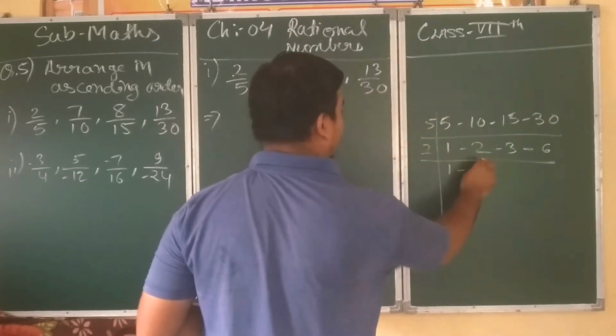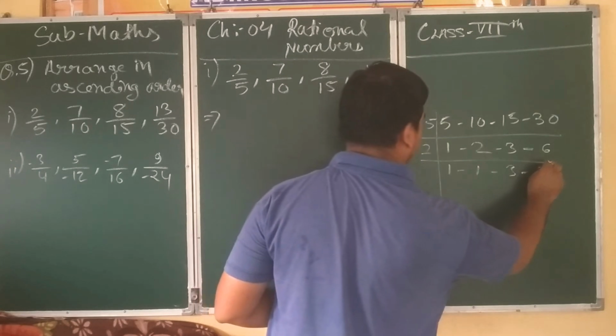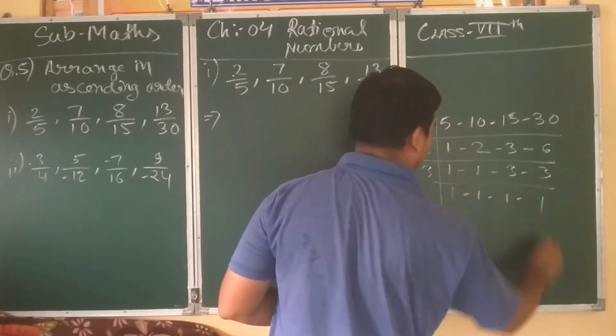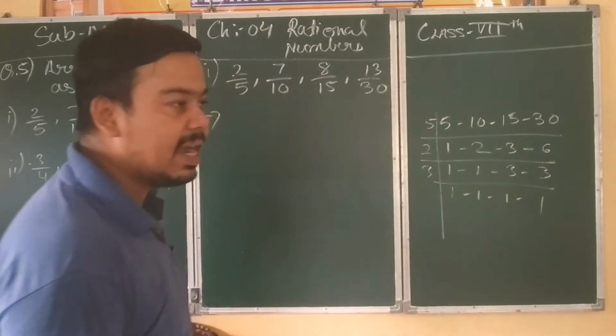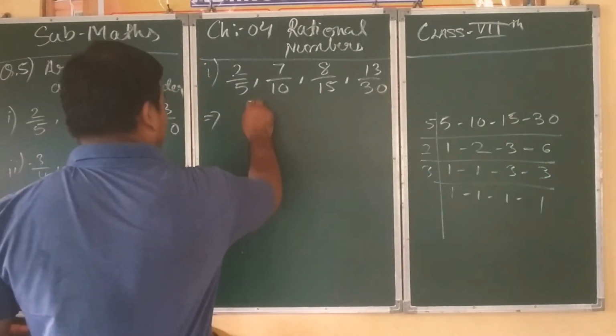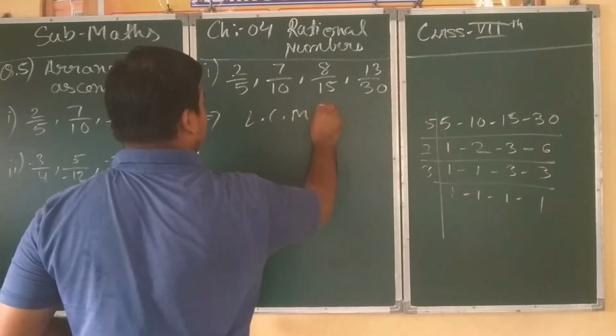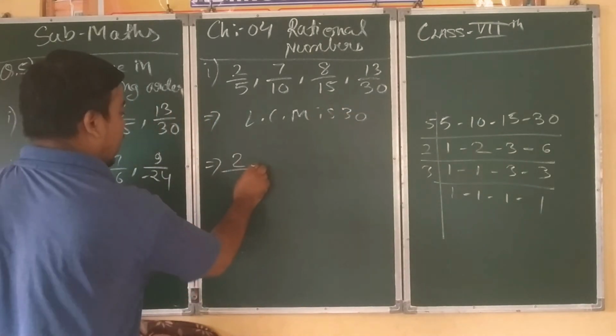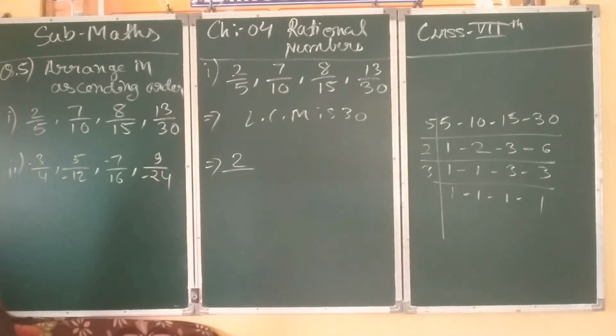Then 2, 2 ones are 2, 3 as it is, 2 threes are 6. Then 3, 1 is 3, 1 is 3. So for the 10, 10 into 3 is 30. So the LCM is 30.